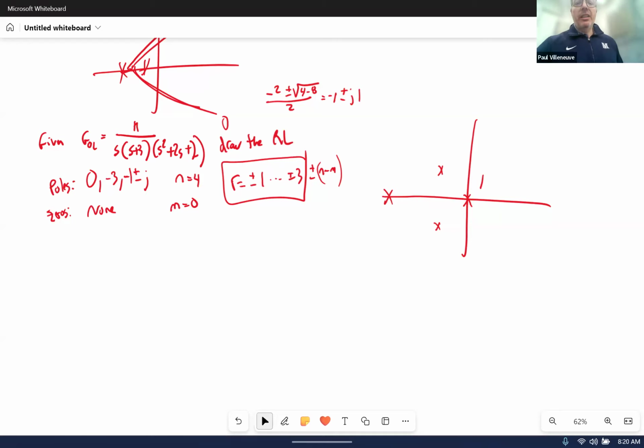Well, I know it lives to the left of an odd number of poles and zeros. So it's going to live here. Can it live anywhere else on the real axis? It cannot. So I know that I will not have any asymptotic angles at what?